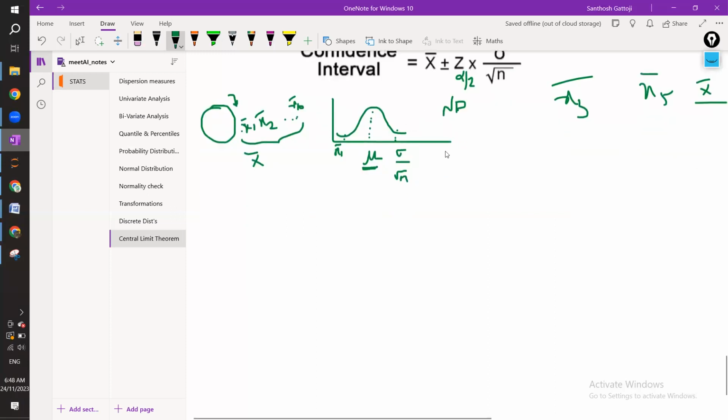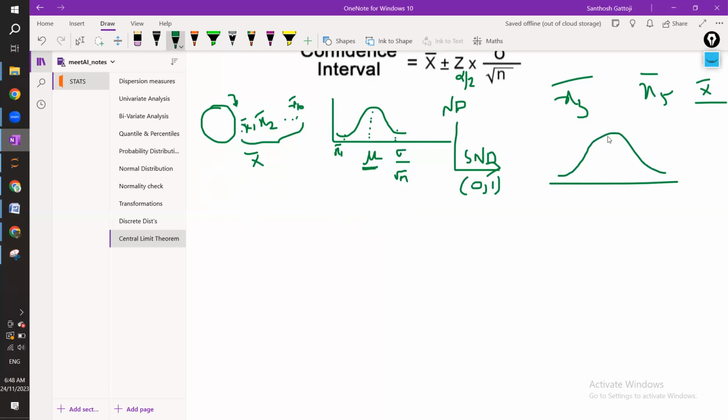If we want to convert this normal distribution into a standard normal distribution, just to recap, it has mu equal to 0 and standard deviation equal to 1. So it will also be a normal distribution, but the mean will be 0 and the standard deviation will be 1.